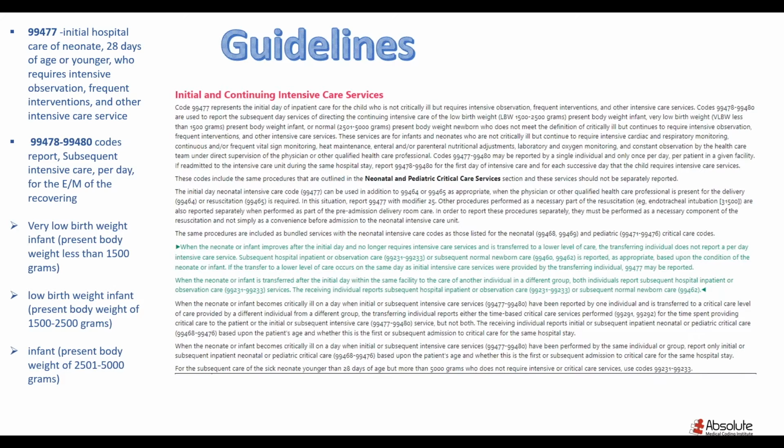We also have a code series from 99478 to 99480. 99478 reports subsequent intensive care per day for evaluation and management of a recovering very low birth weight infant, present body weight less than 1500 grams, and 99479 is used for subsequent intensive care per day for a low birth weight infant, present body weight 1500 to 2500 grams.